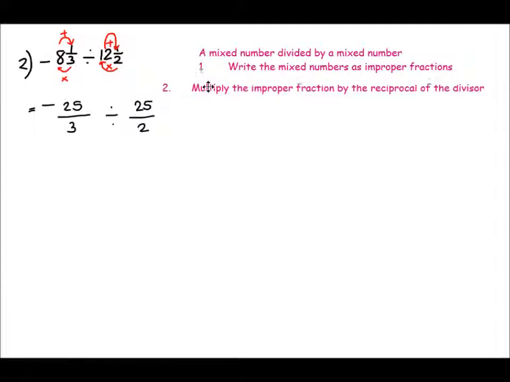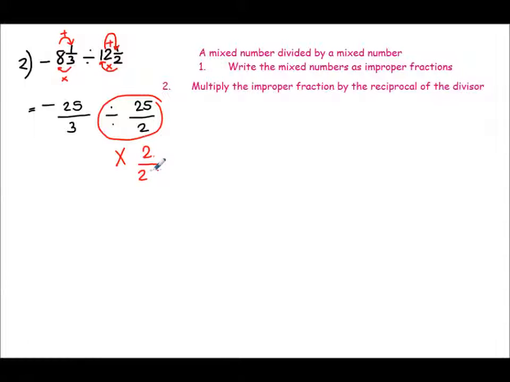Right, we're going to multiply the improper fraction by the reciprocal of the divisor. So we're going to multiply by the reciprocal, flip that upside down, 2 over 25.